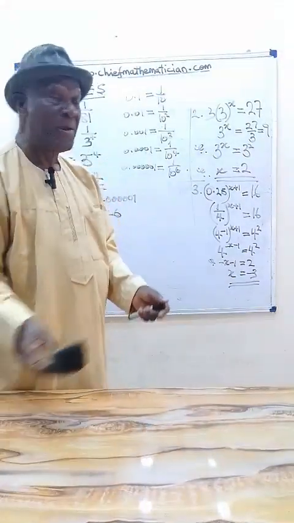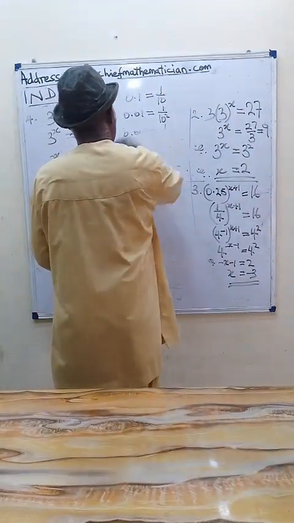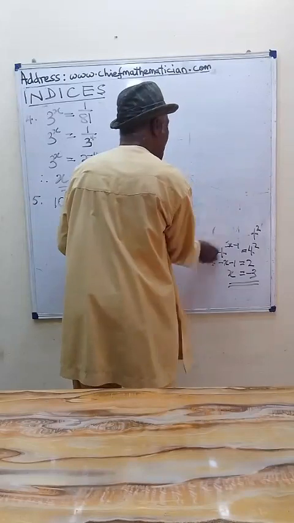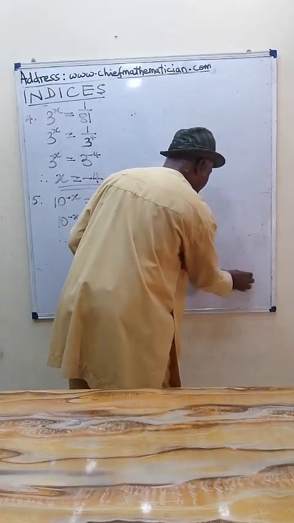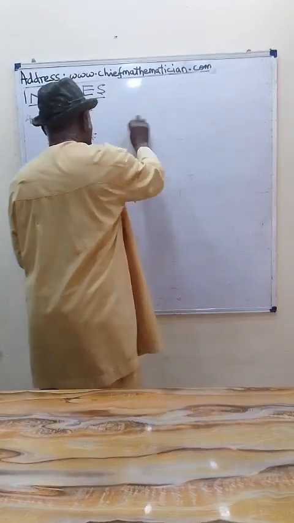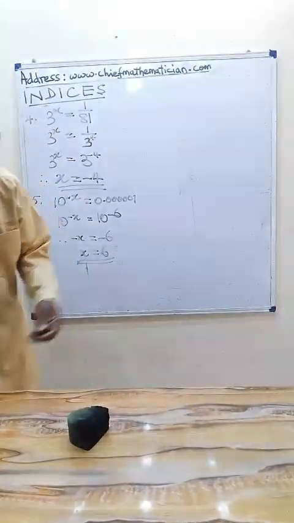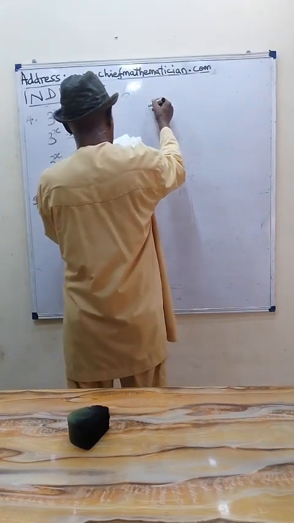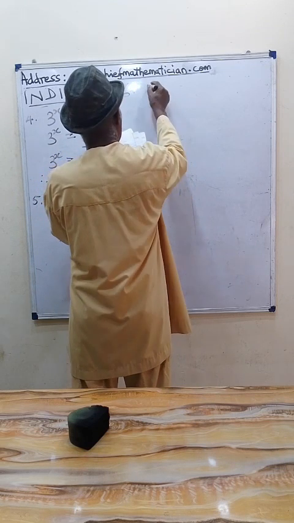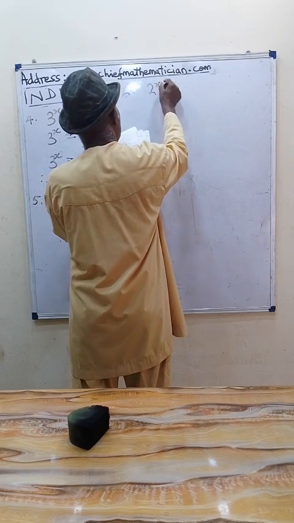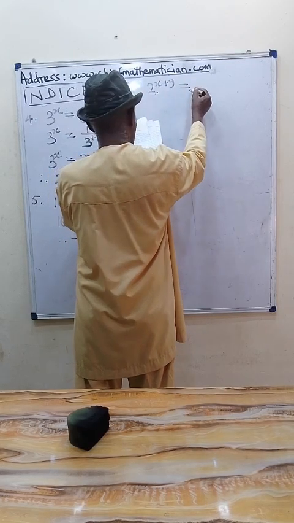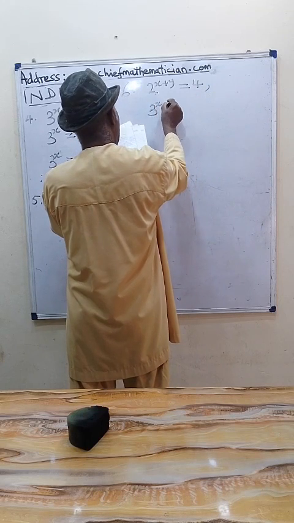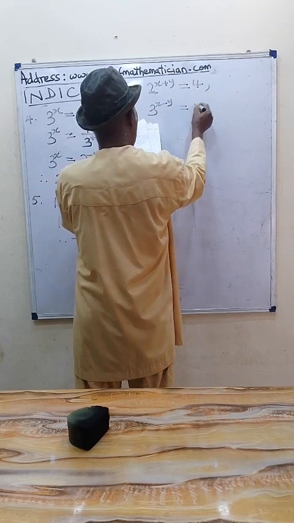Now, very quickly, I want to use it to conclude the examples. That number 6 is telling us that 2 to the power x plus y is equal to 4, and 3 to the power x minus y is equal to 81.